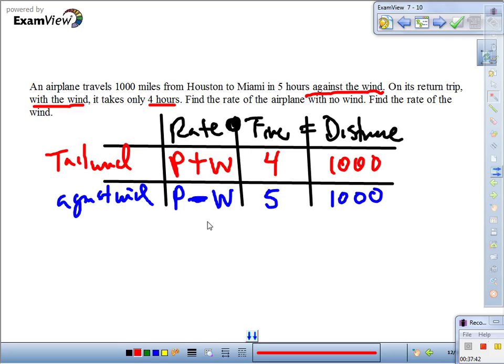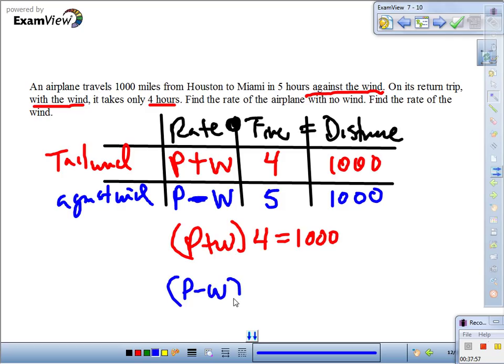All right, let's write our system. P plus W in parentheses times 4 equals 1,000. P minus W in parentheses times 5 equals 1,000. All right, but check this out. Remember here, instead of distributing, what did we do?